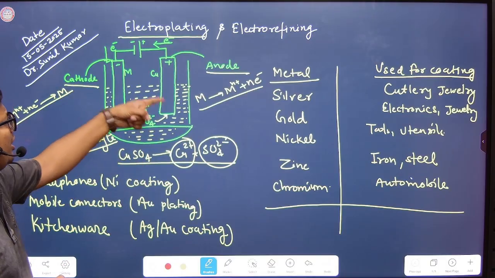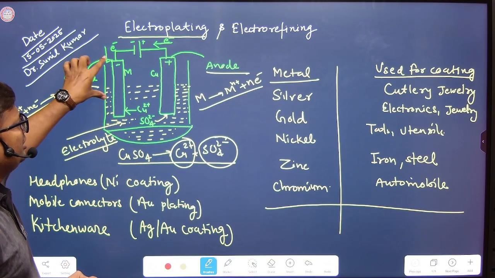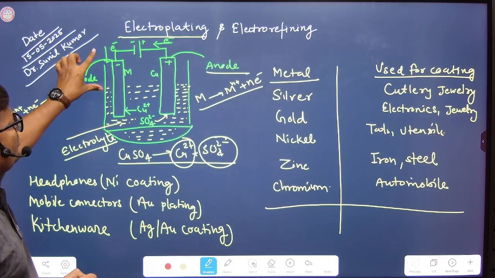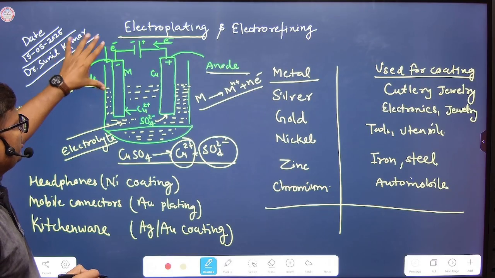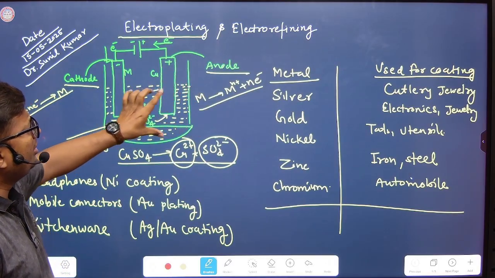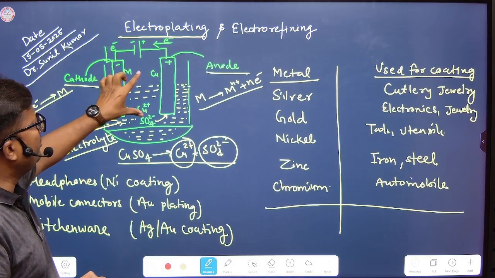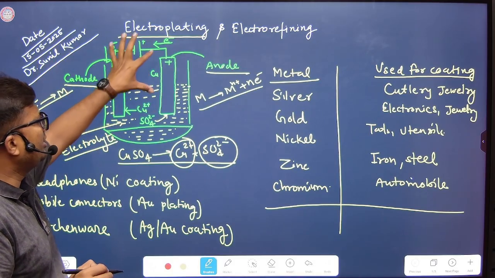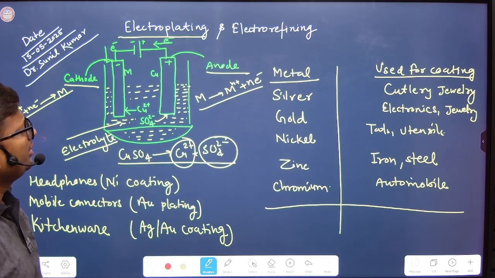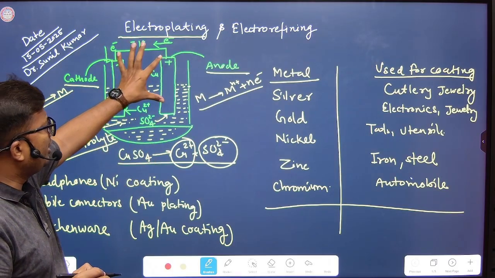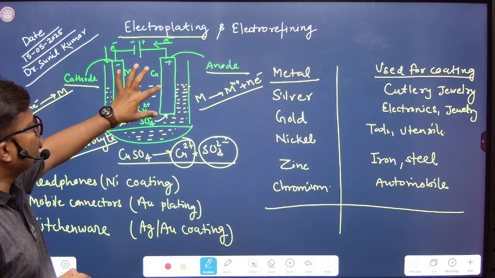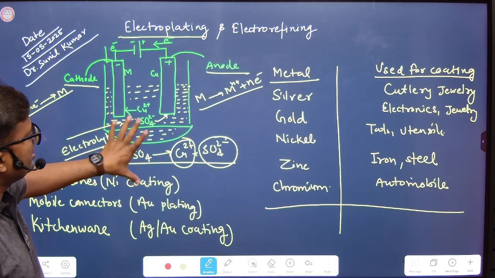In this solution we dip the two electrodes: the cathode, the desired metal strip, and the anode, the metal which is to be deposited on the cathode. Here copper is the pure metal which is deposited on the cathode, and the solution is just copper sulfate.